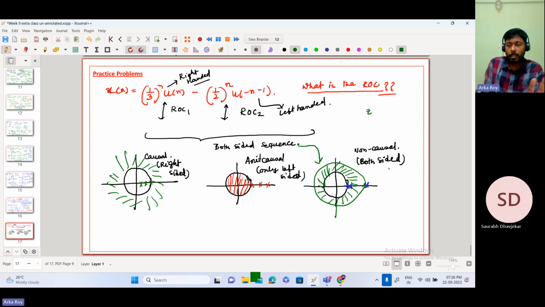The ROC will be of this format: A < |z| < B. So if your options are like |z| < A, |z| > B, |z| in between A and B, you can just tick it out.